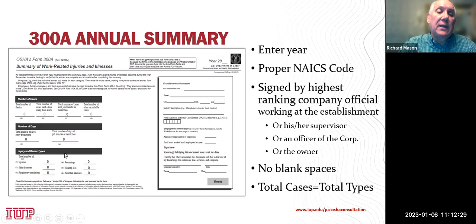No blank spaces. A lot of times we'll just see a number of injuries here and blanks for skin disorders, respiratory conditions, poisonings, hearing loss. So put a 0 in those if it's a 0, and all of these blanks. If it's a 0, put in a 0. And then also the totals have to match.